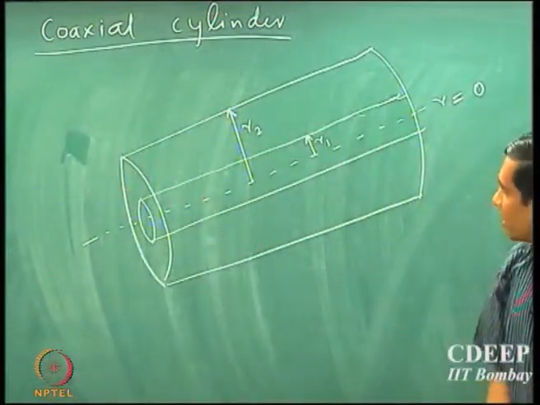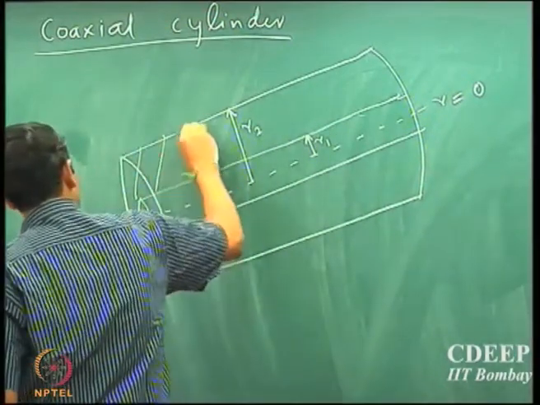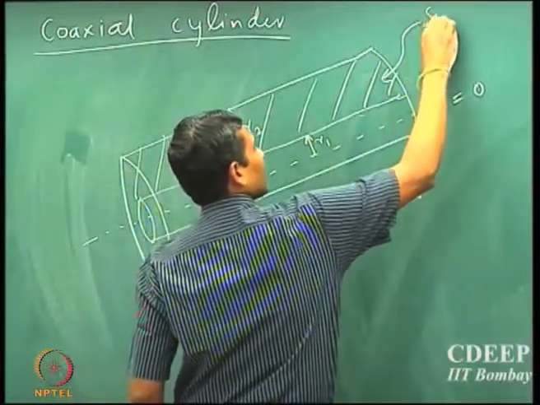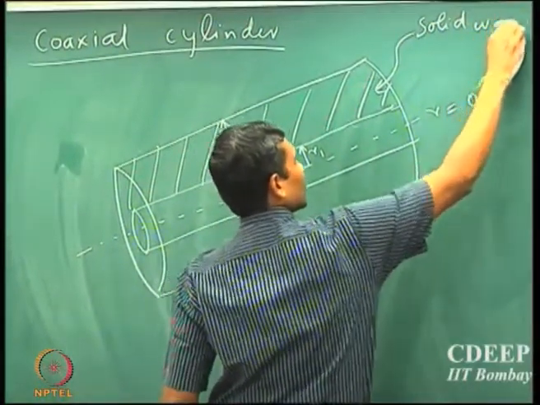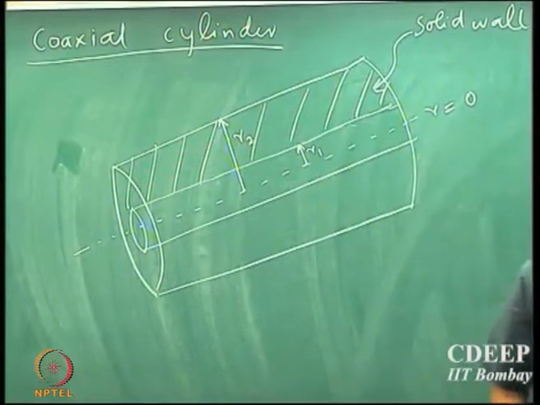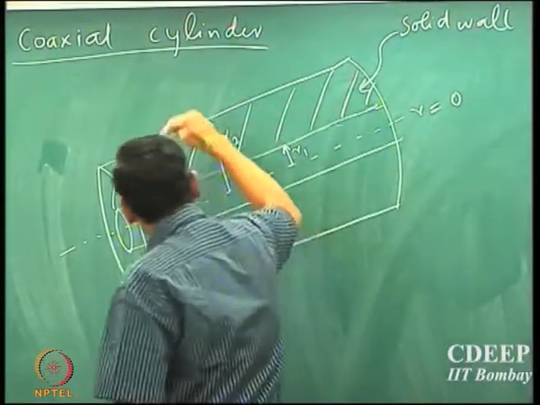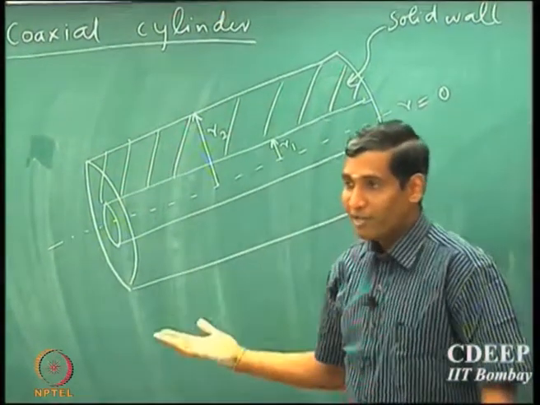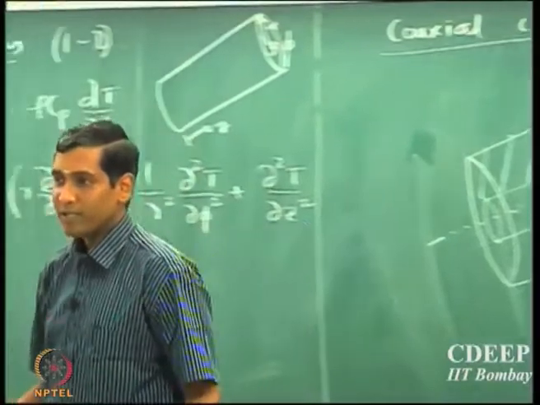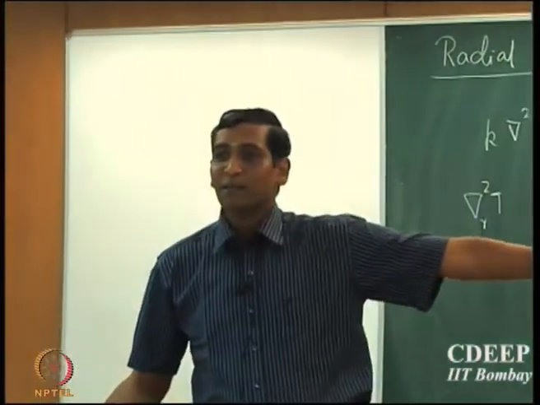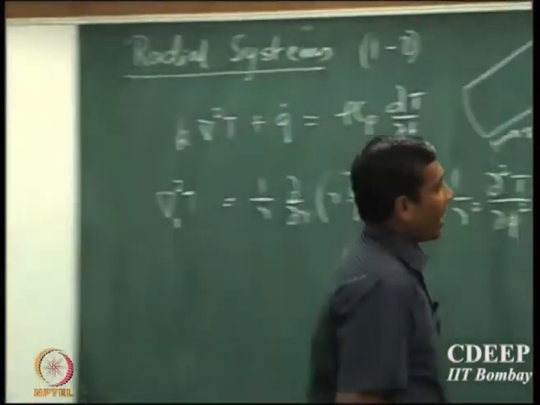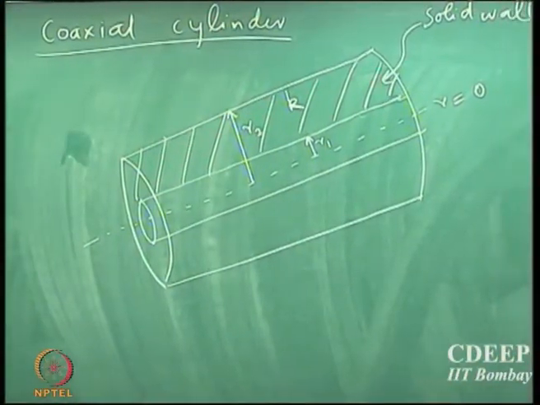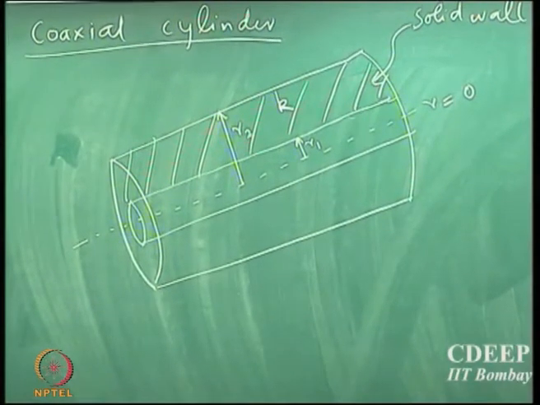Now let us assume that it is a solid wall here. So we are looking at heat transfer between the coaxial cylinders. It could even be filled with a liquid or other kinds of fluids, but let us consider that it is a solid wall for now, and let K be the thermal conductivity of the material of the solid wall.